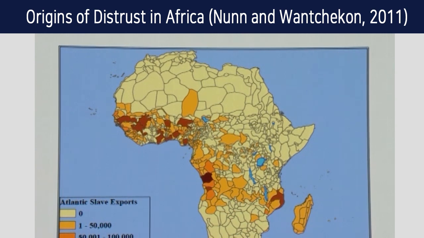It shows 850 ethnic groups in Africa, and it provides a visualization of how many slaves were taken from each ethnic group. So what you can do is connect this to household survey data, which exists pretty much for the whole continent, and compare this to people's self-reported trust in others, self-reported trust in their family, their friends, etc.